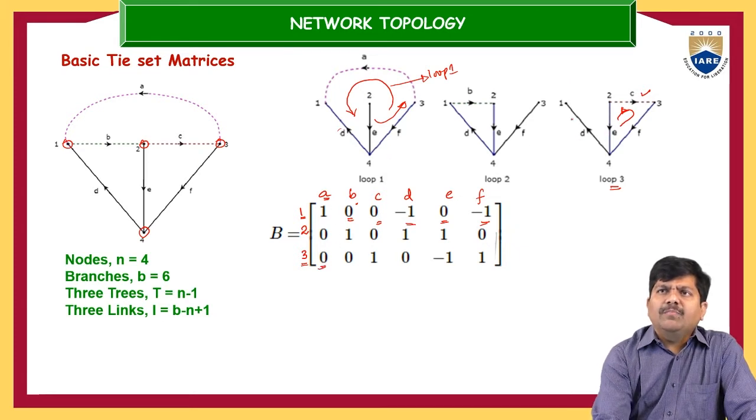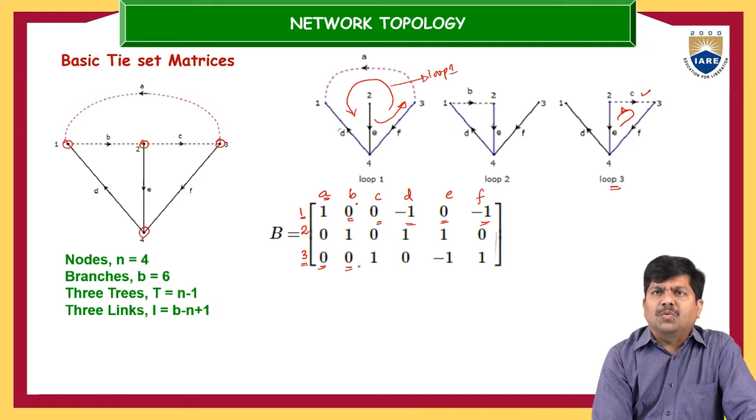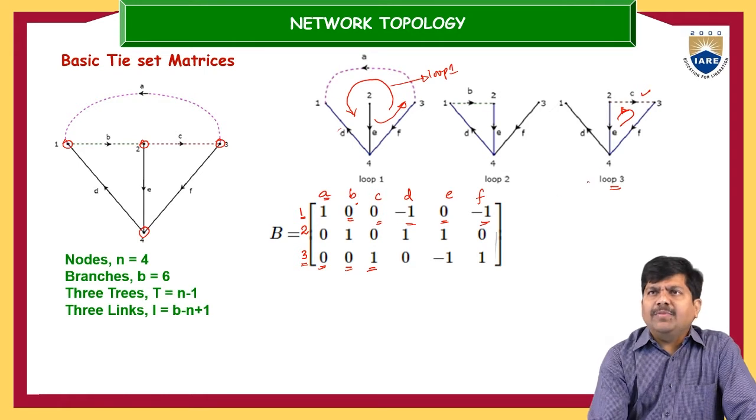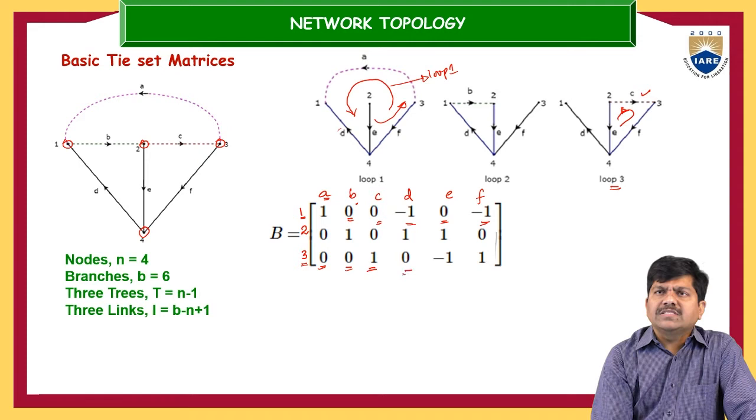What about B? B is also not a part, so put 0. And loop 3 versus C. This is C, in the same direction, definitely, because that basic loop has been formed because of that link only. That is the reason we get +1. The next one is loop number 3 versus element number D. Loop 3 is somewhere and D is somewhere else, so it is 0.